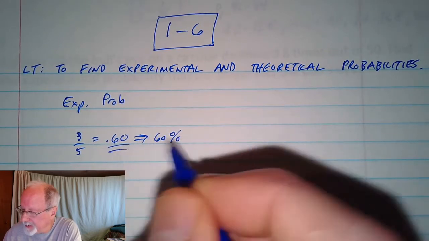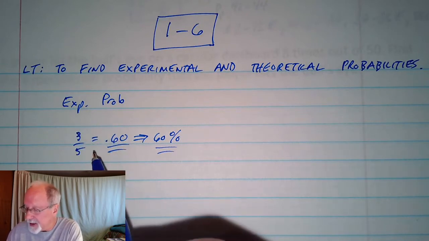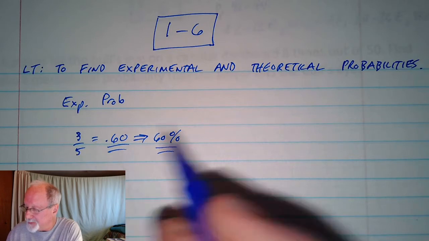So typically when you'll see me talking about experimental probability, I don't use the fraction. I keep that for theoretical. All of these are correct answers, but experimental probability, you actually do an experiment and record the results.